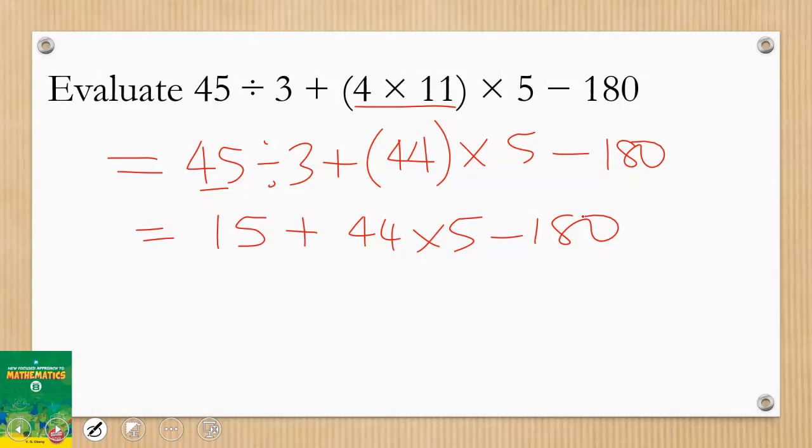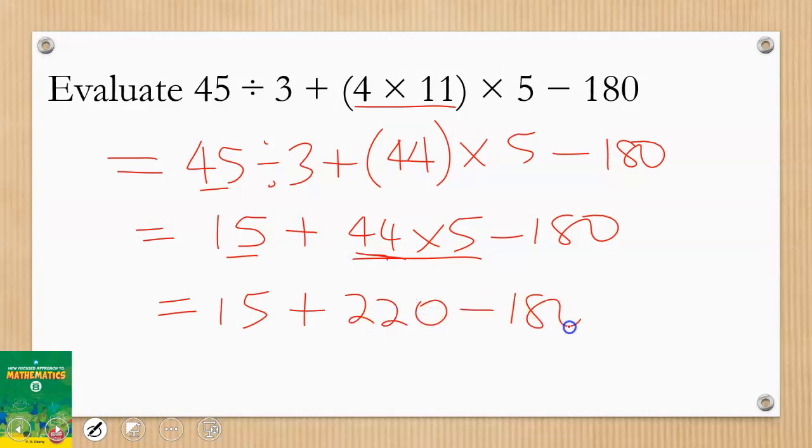We still have multiplication, and we can't do addition by adding 15 and 44 before multiplying. That wouldn't work. So we deal with the multiplication. We maintain our 15 as it is here, and then multiply 44 times 5, which of course is very easy. You divide 44 by 2, you get 22, attach 0, and that will give you 220.